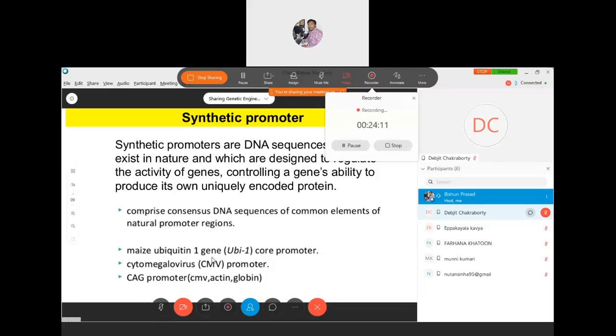If you are not getting enough expression of a particular gene, you can also use a synthetic promoter. These are man-made promoters with only the small segment of promoter region required for your gene expression. So this is all about promoters, and depending on your research experiment, you can choose which kind of promoter you want to take.